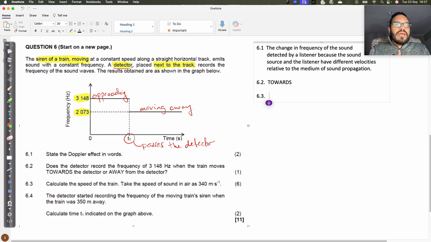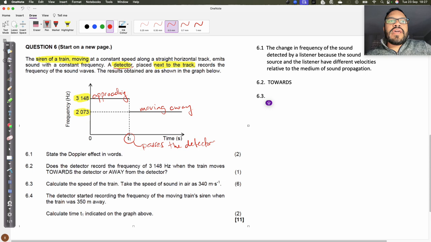Okay. Now 6.3, this one we're going to have to work out some stuff, and it says calculate the speed of the train. Take the speed of sound to be 340 meters per second. Now, again, in general, you want to write down your formal Doppler effect formula, which is the frequency of the listener is equal to (v ± vL) over (v ± vS) multiplied by fS, right?